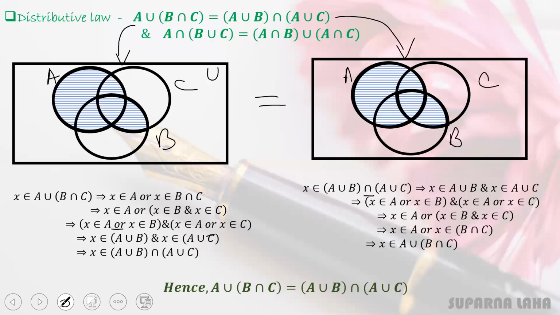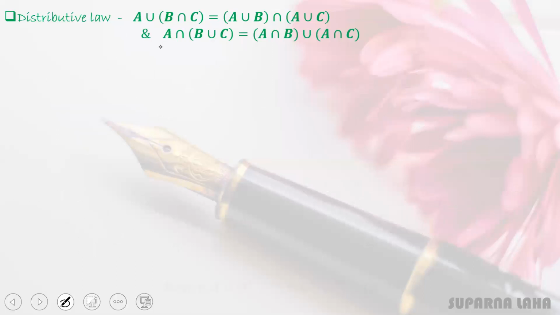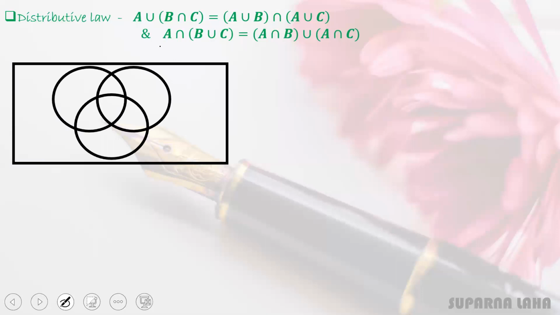Now let's take this second part, that is this law. So A intersection B union C. So take A, B and C, and this is the set U, the universal set.